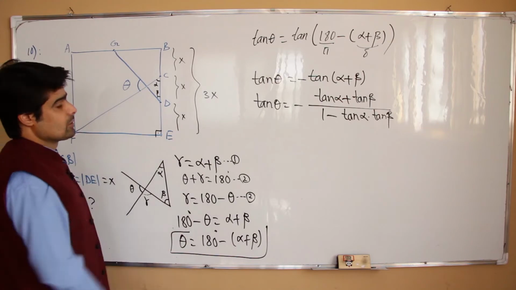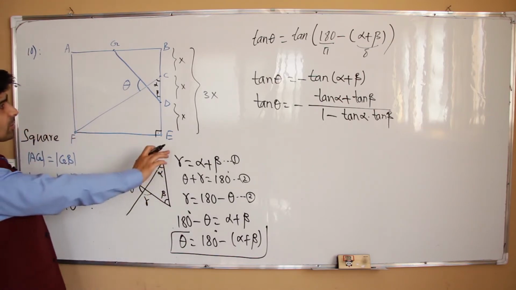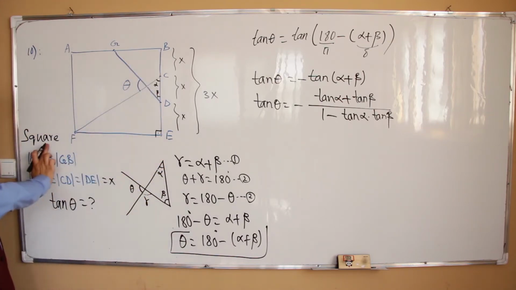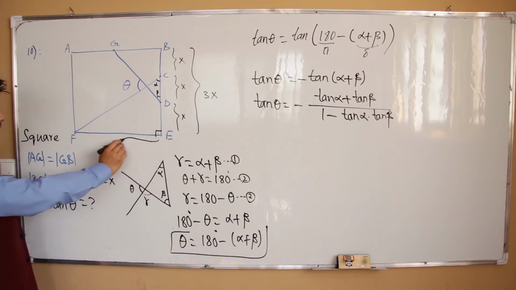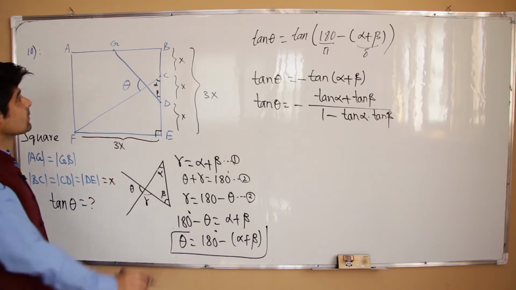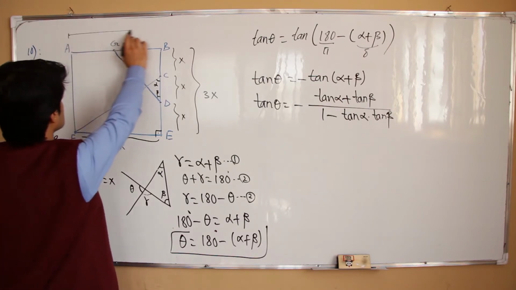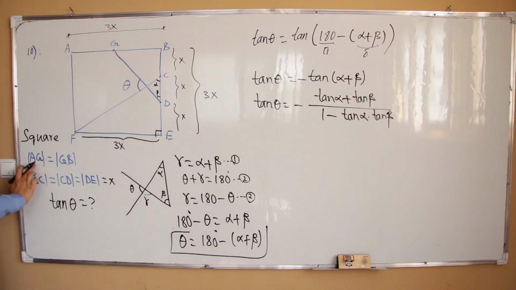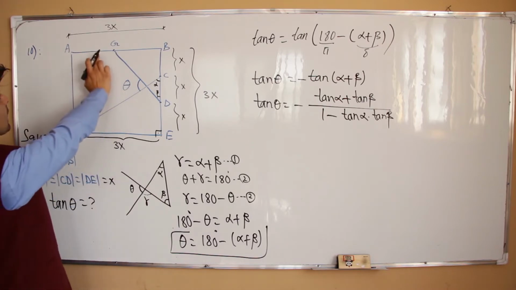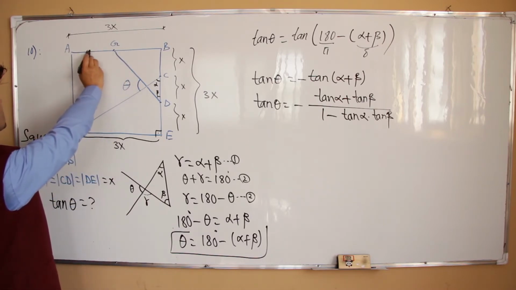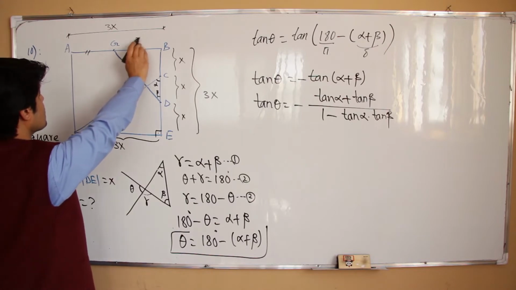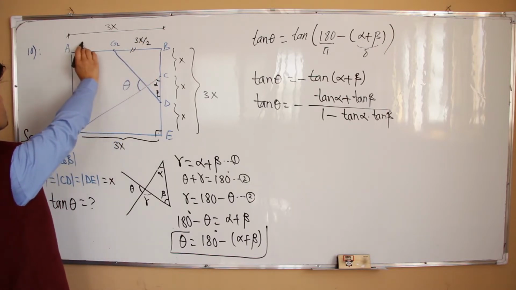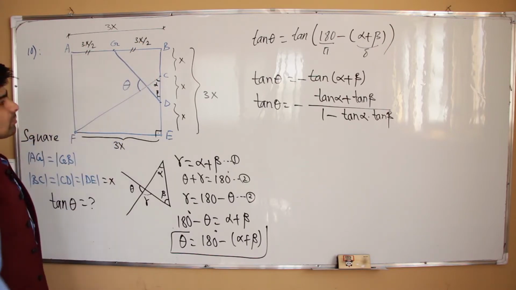Since it is a square, this one should also be 3x. If AG and GB are the same, this one is the same as this one, so it should be 3x by 2. This is also 3x by 2.